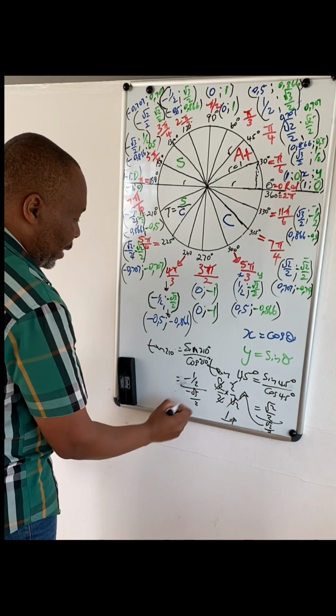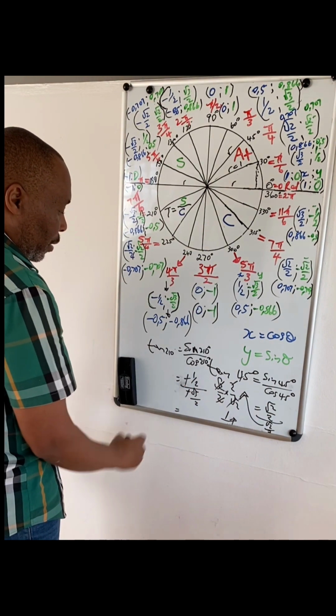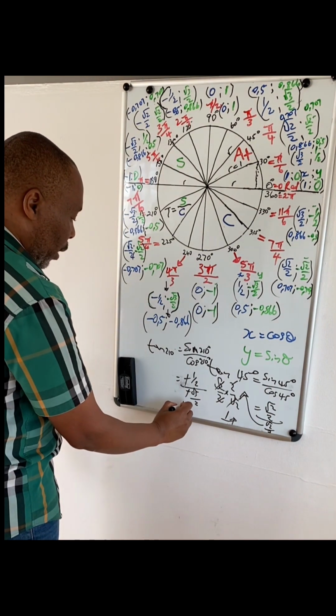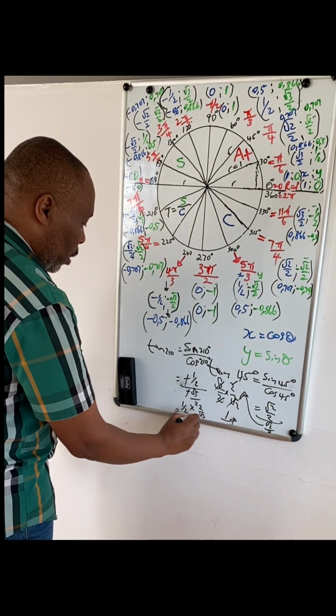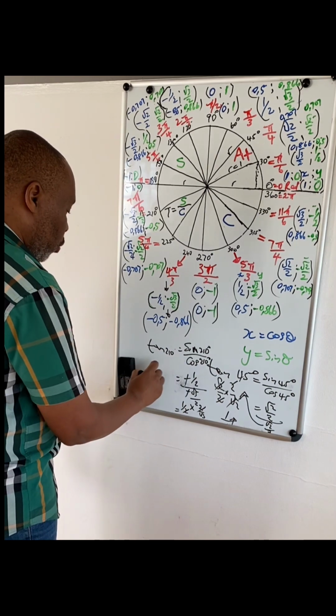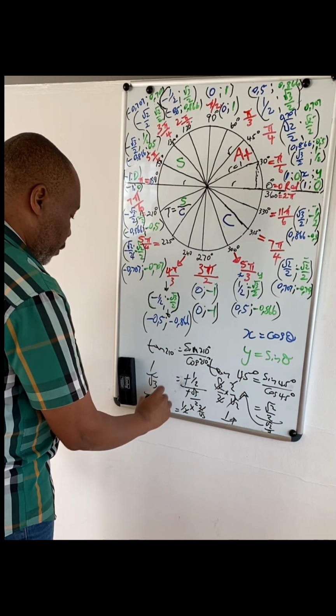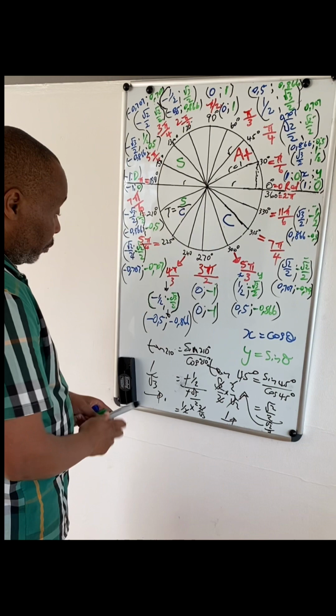So already the answer is going to be positive, because this is negative and negative. Then we work out half multiplied by 2 over root 3, it cancels, and the answer is 1 over root 3.